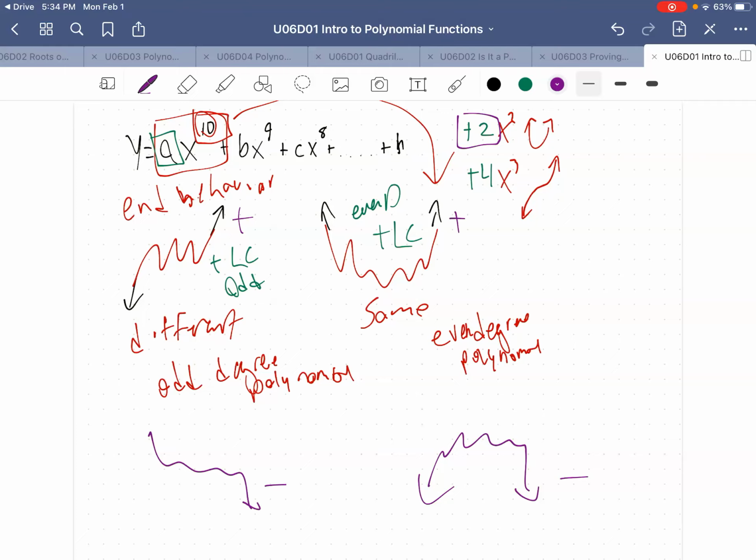So this would be the example of an odd degree with a leading coefficient that is negative. Let me put the negative over here. Whereas this would be an even degree with a negative leading coefficient.